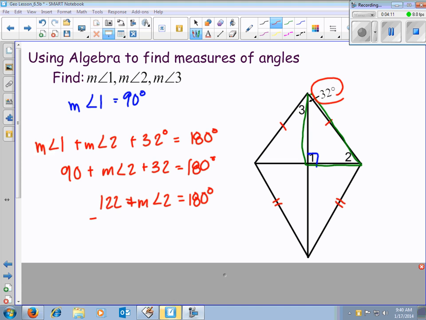So now I can subtract 122 from both sides. So I have the measure of angle 2 is equal to 58 degrees. So I know the measure of angle 2 is 58 degrees. And my measure of angle 3 is going to be equal to my 32 degree angle.